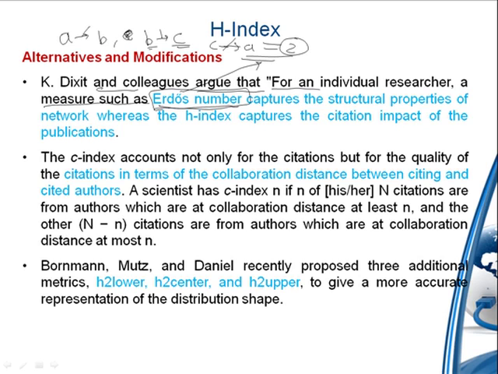So for an individual researcher, a measure such as the Erdos number captures the structural property of the author network, whereas the H index captures the citation impact of the publications.